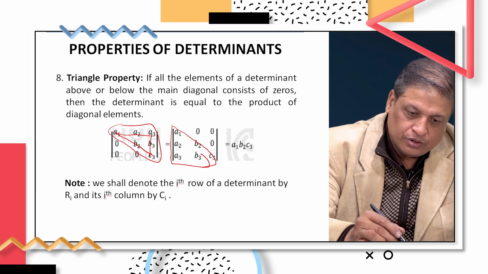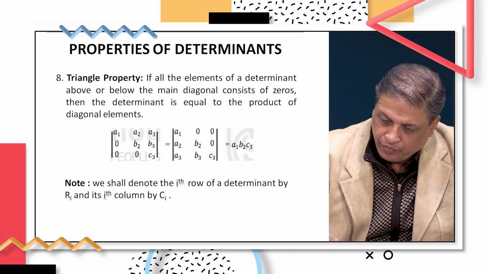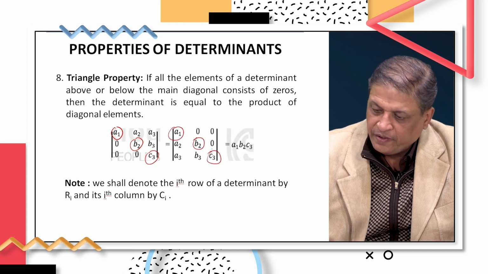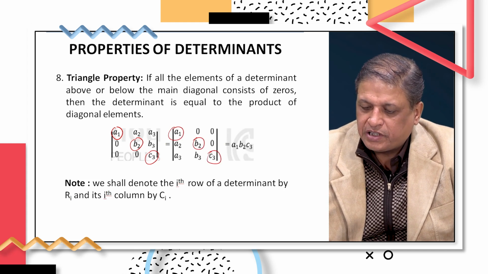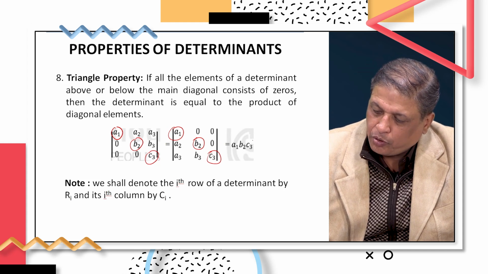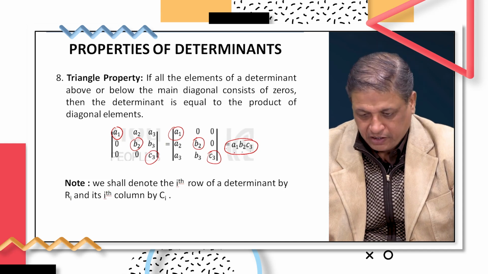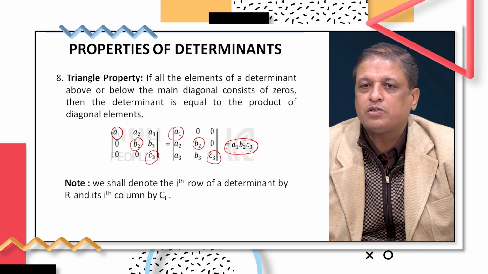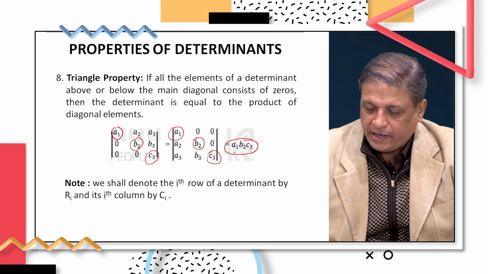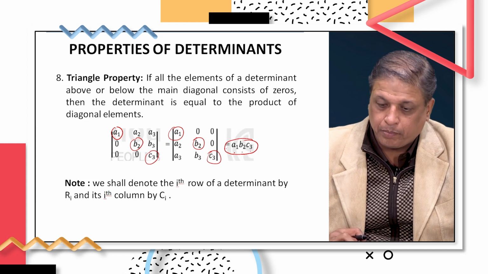The diagonal values are A1, B2, C3. We need not explicitly evaluate all the values. The result will be the product of the diagonal elements, that is A1 into B2 into C3. So for any upper or lower triangular matrix, you just multiply the diagonal elements and you have the result of the entire determinant. This is the triangle property.